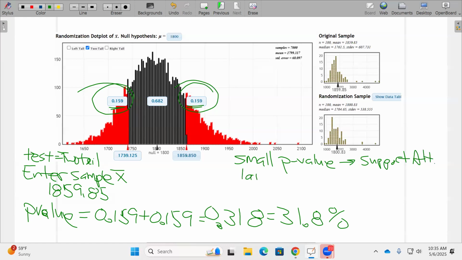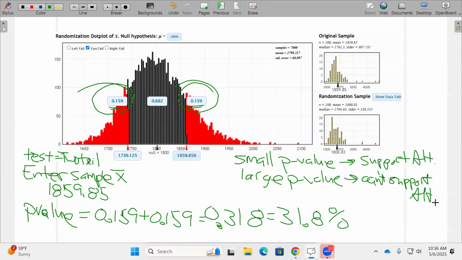If you have a large p-value, then you can't support the alternative. Okay. We have a large p-value. It's bigger than the 5% significance level. So what that means is we don't have sufficient evidence to support the alternative hypothesis.